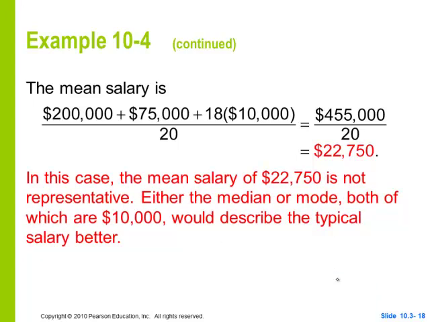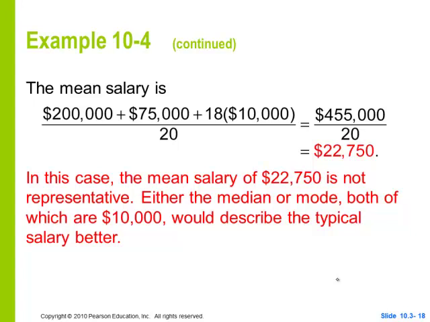And so maybe in this case, I know we said we don't use the mode too often, but the median would be the one to use here. If you list all those, guaranteed that 10,000 will fall right in the middle, because you have 18 of these 10,000s and only 2 of these other numbers.